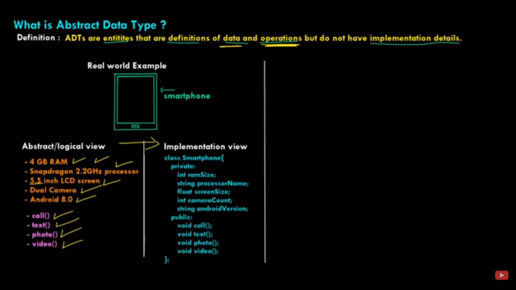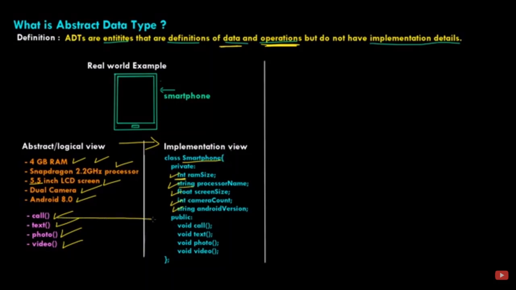So here we have a class smartphone, and it is described as the RAM size, string, processor name, float, screen size, camera count, string, Android version. So all these things are mentioned with their particular data types.